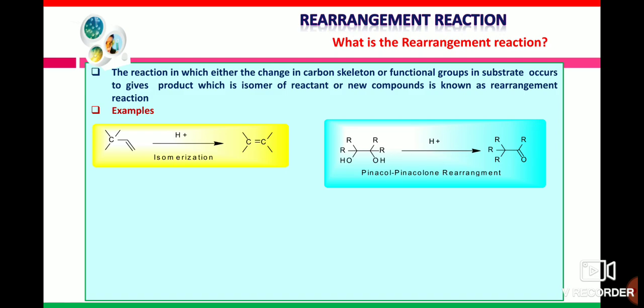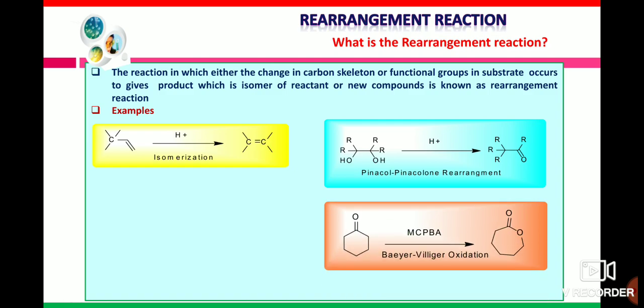In this reaction, the diol is the functional group in the substrate. In the product, the functional group is ketone. This rearrangement is known as the pinacol-pinacolone rearrangement. Then consider one more example. In presence of peracid, the ketone can be transformed into the ester.